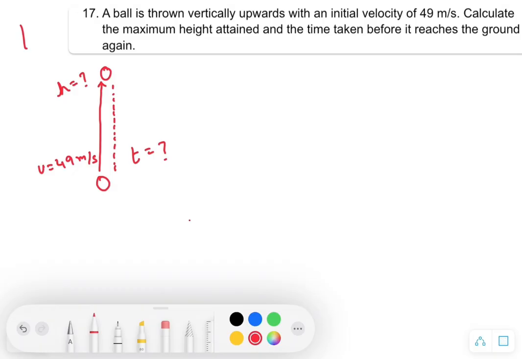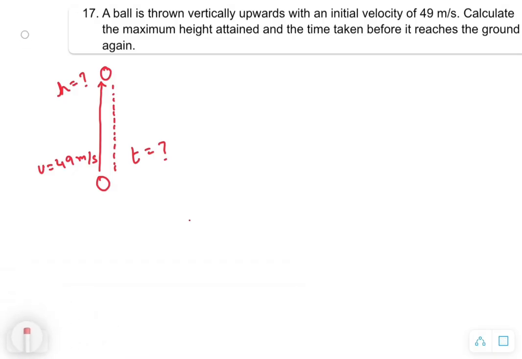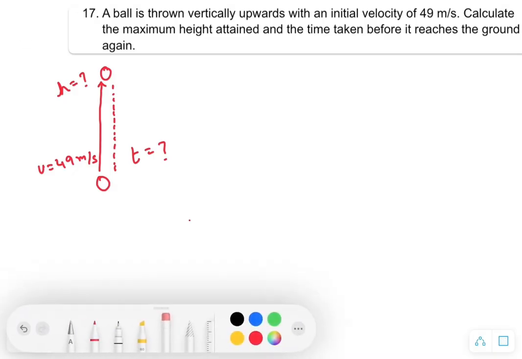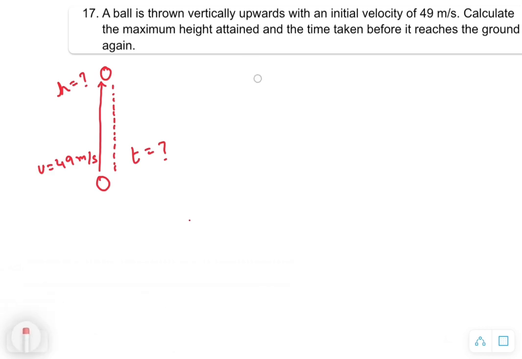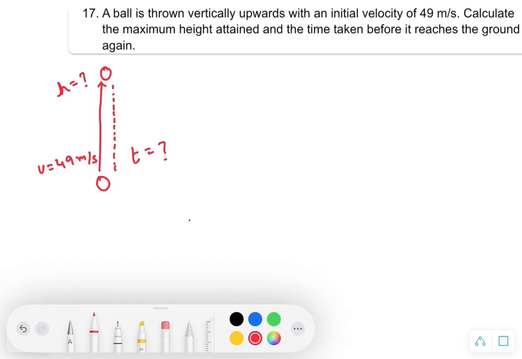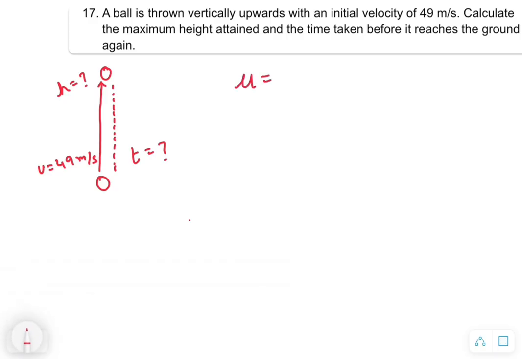The initial velocity is given to us. Initial velocity is 49 meters per second. So u is 49 meters per second. Let's take g equal to 9.8 meters per second square.